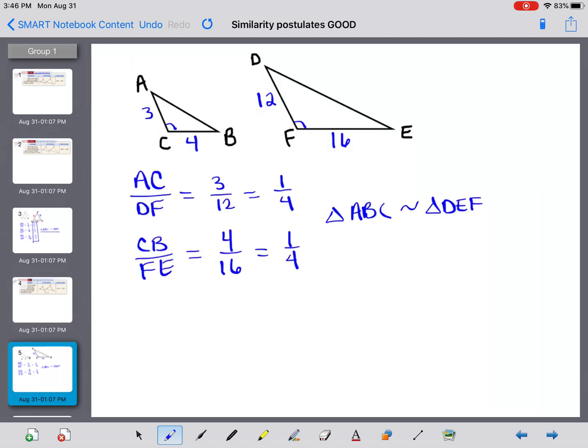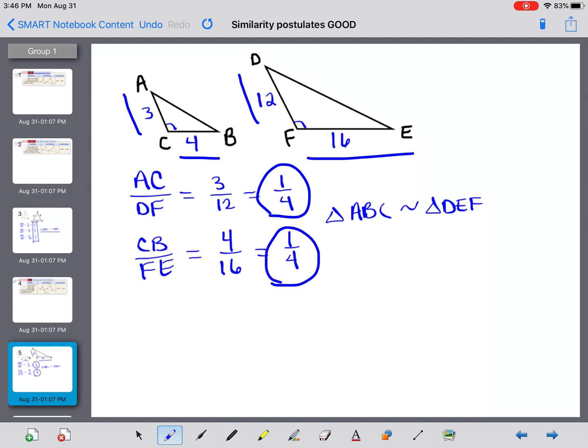So for example, if we know that the included angle of the triangles are congruent, so in this case angle C and angle F, then we can check to see if the sides are proportional, so AC and DF, CB and FE. Since those two sides are proportional, we can state that the two triangles are similar.